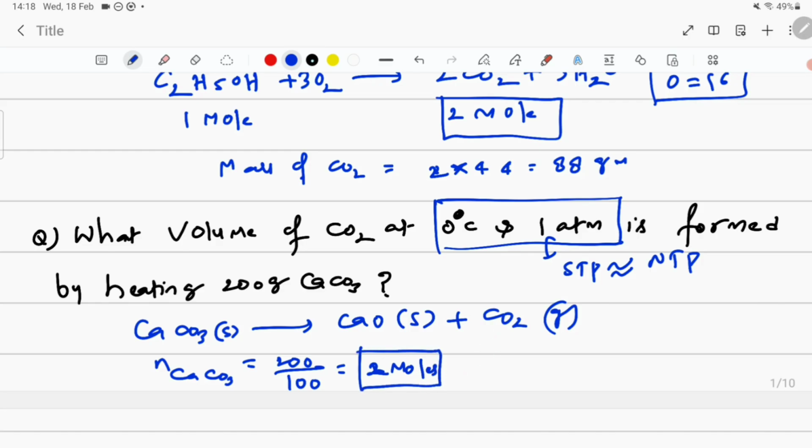But here we already know 1 mole of CaCO3 will give 1 mole of CO2. So 2 moles of CaCO3 produce 2 moles of CO2.